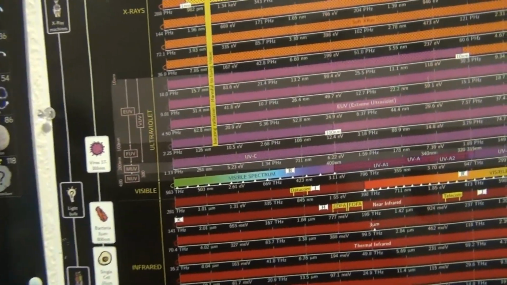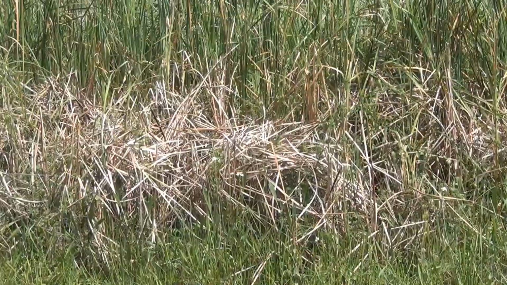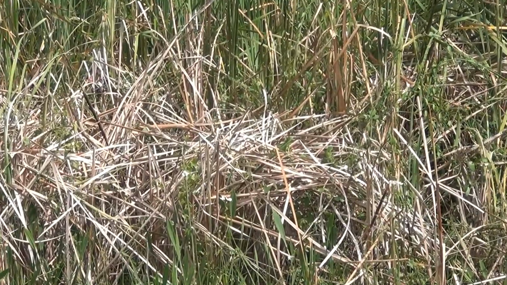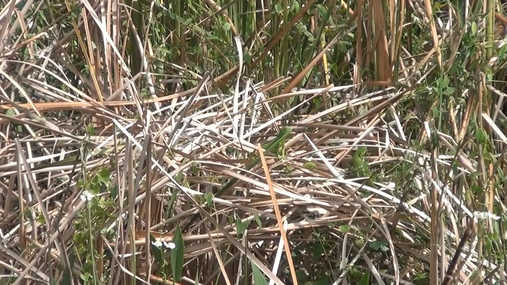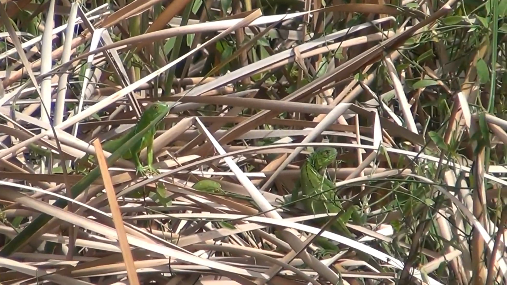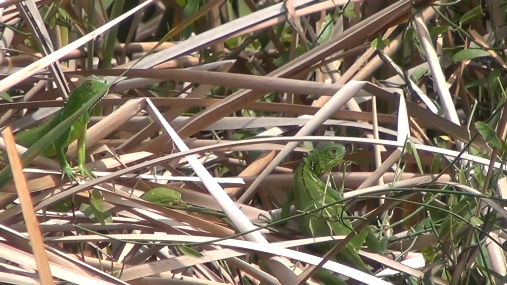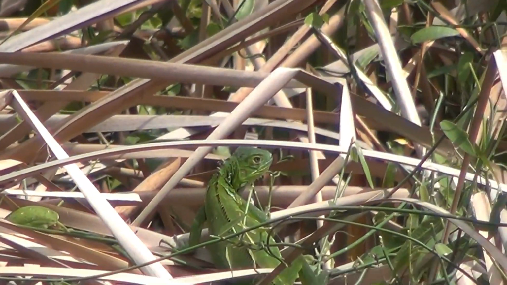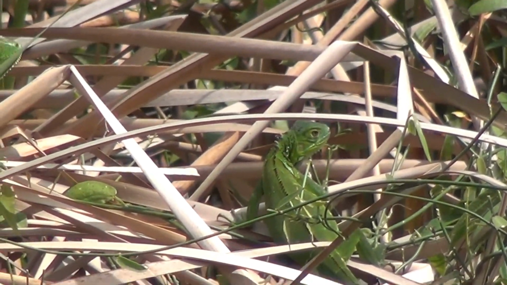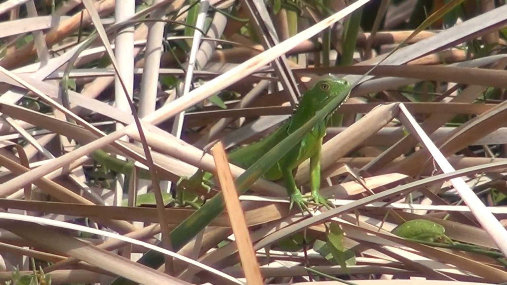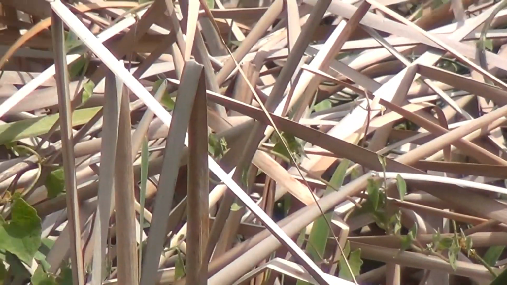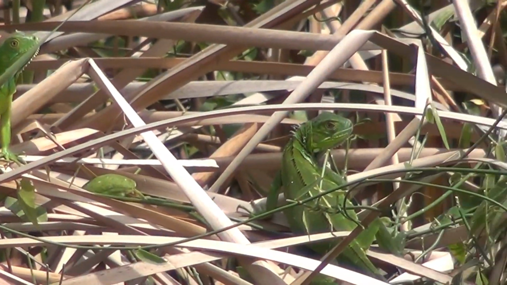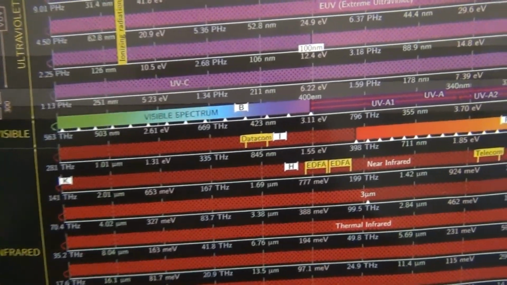So there's a lot of things out there in nature you can't see unless you look a little bit closer. It's very much like that in the atomic realm.